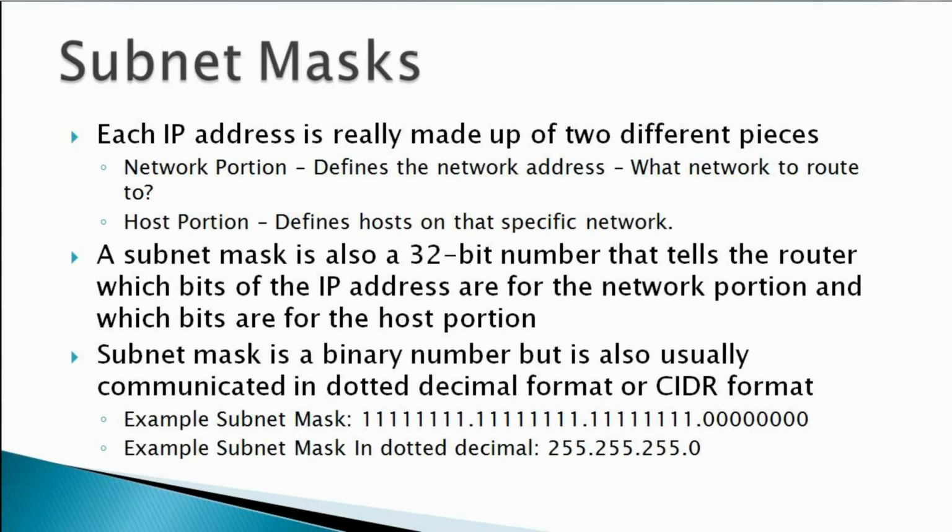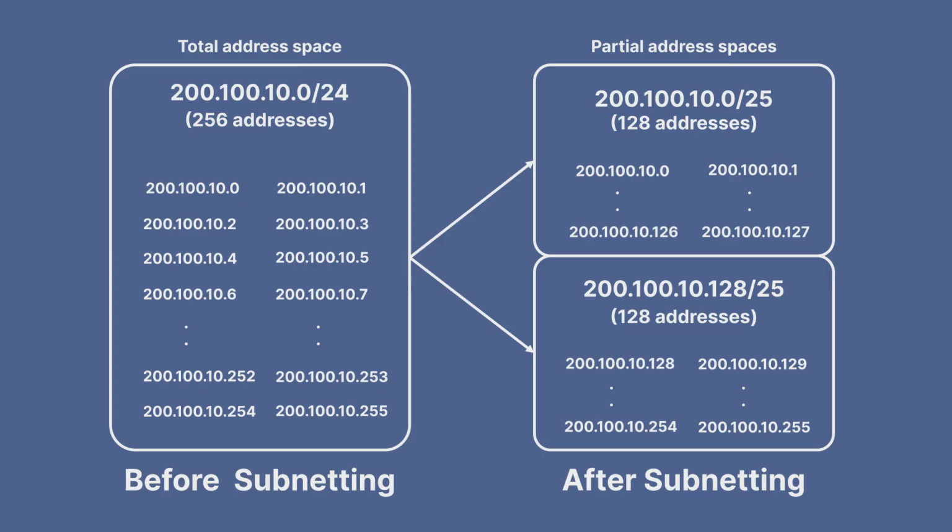Suppose a class C network has a fixed subnet ID, like 192.55.255. The first and last IP addresses are reserved for the network ID and the direct broadcast address. Every subnet has to reserve these addresses.